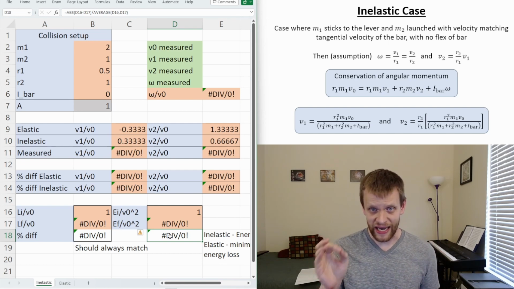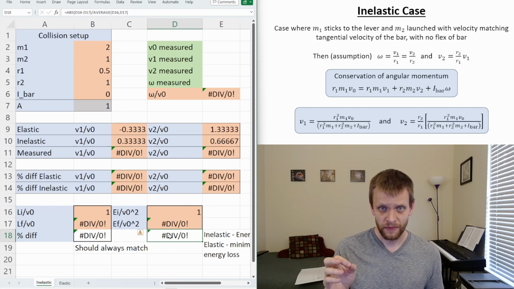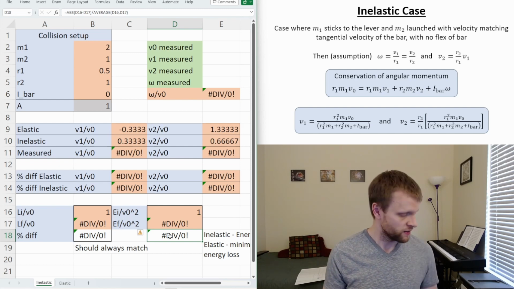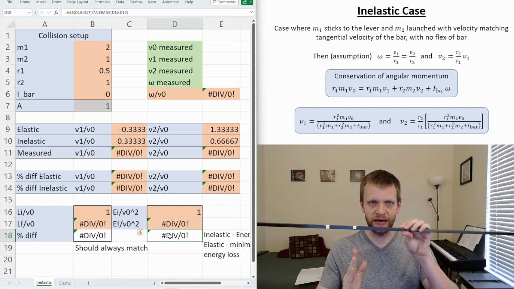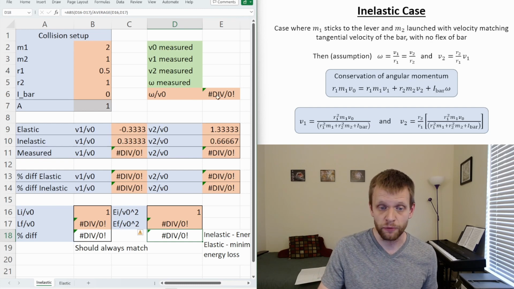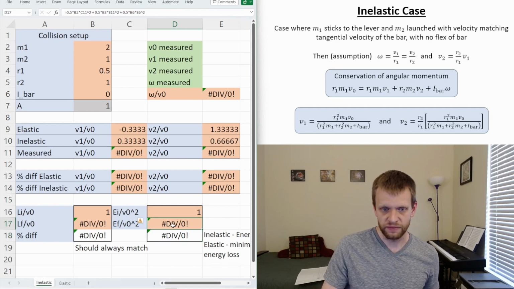We are not going to get any perfectly elastic collisions. We're not going to get any perfectly inelastic collisions. With these objects for the elastic collisions, when I try to make it hit and bounce off, there's always going to be a little bit of energy loss. So again, 10-20% energy losses for the elastic cases. I wouldn't be surprised by any of those.